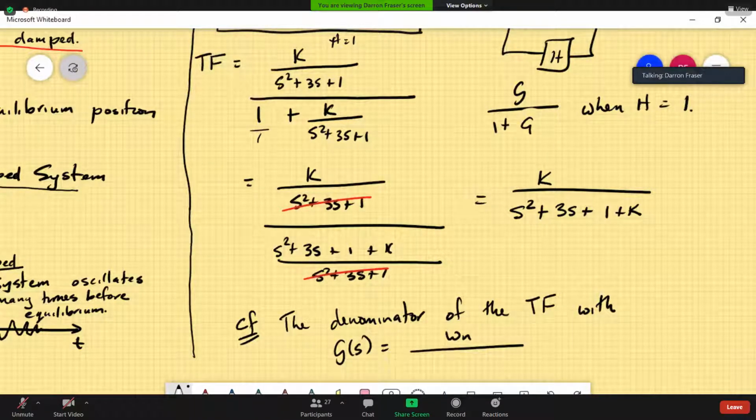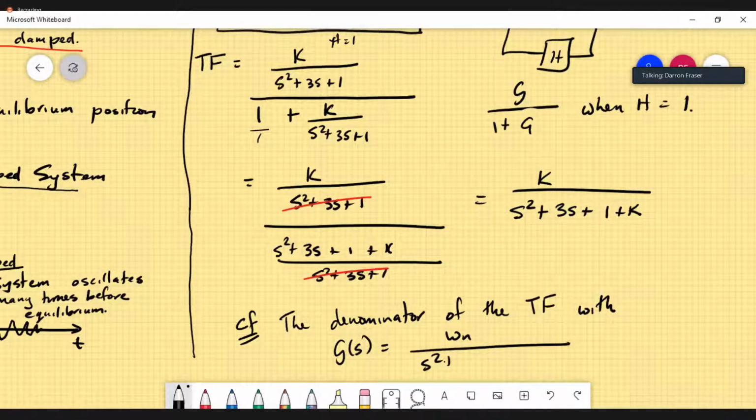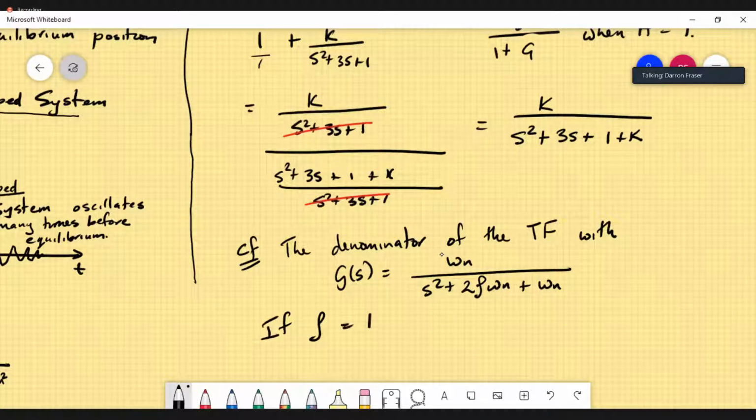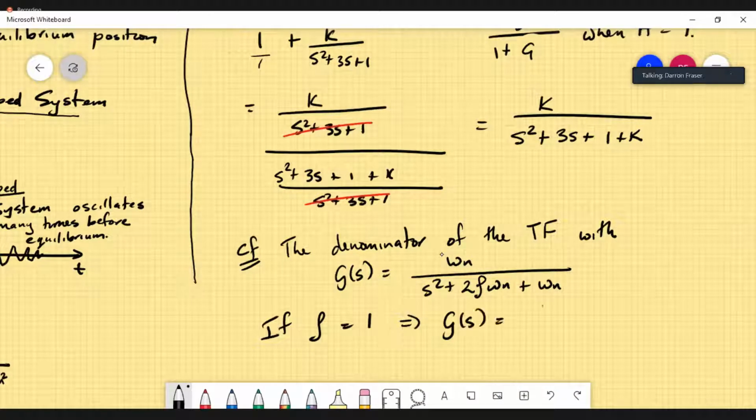So we're going to compare it with the general transfer function of the system. Now, if this system that we have here is equal to 1, then our G(s) is going to be equal to omega n.